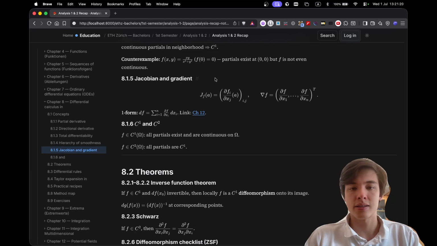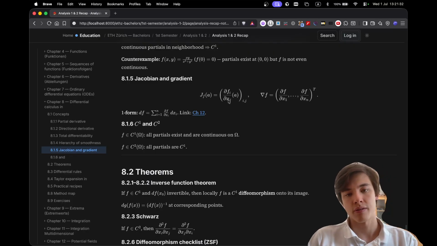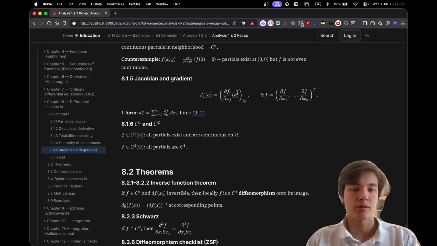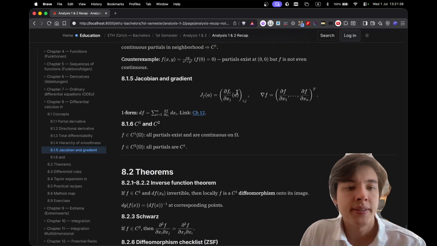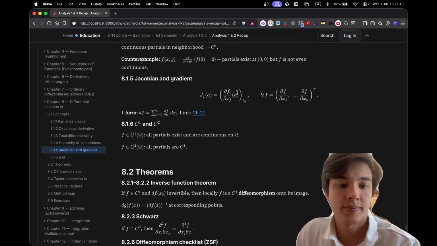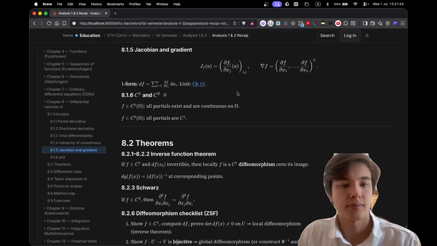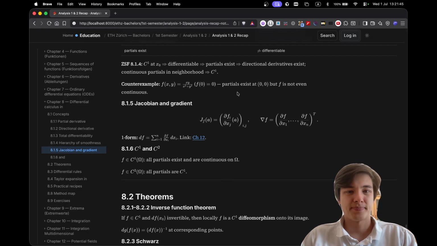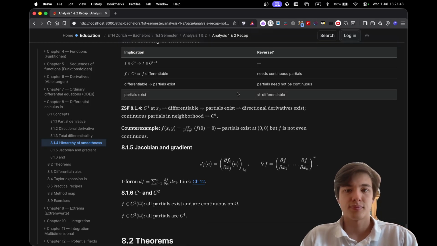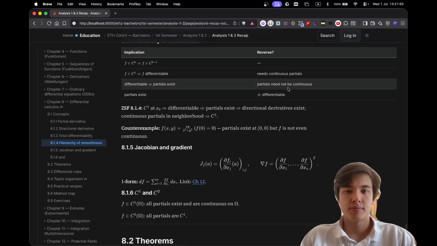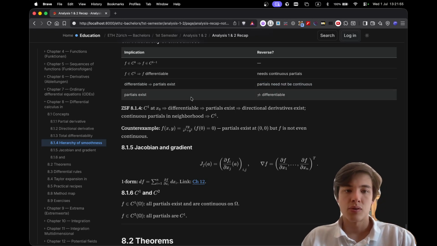So if our input is x1, x2, x3, but the output is also like x and y, for example, we have two functions and then derivatives. So we take the partials and if they're continuous, then we know it's differentiable.